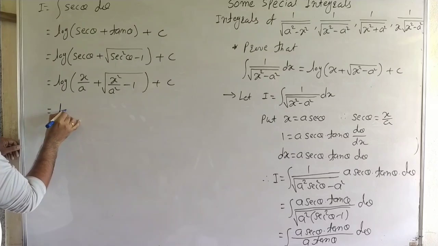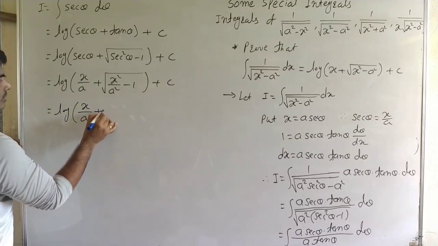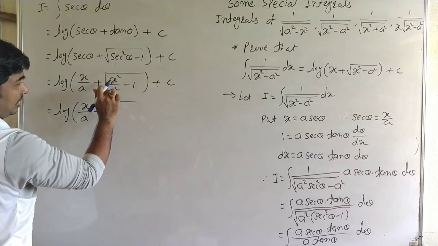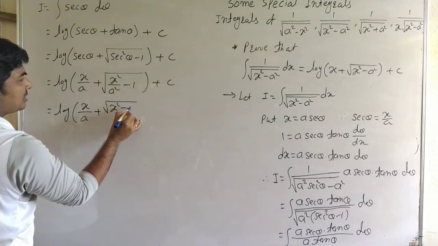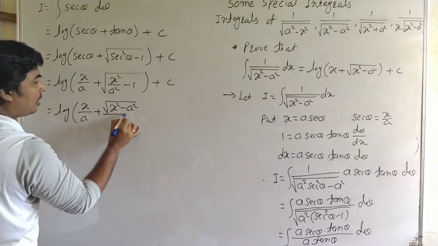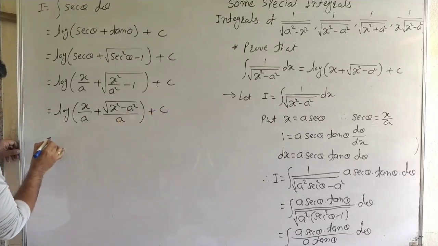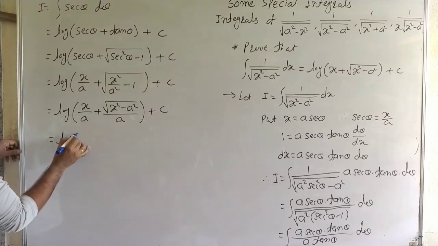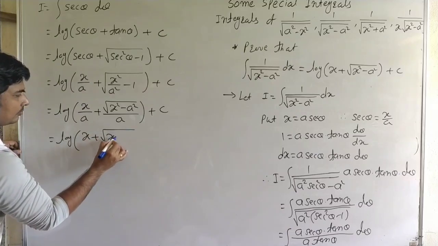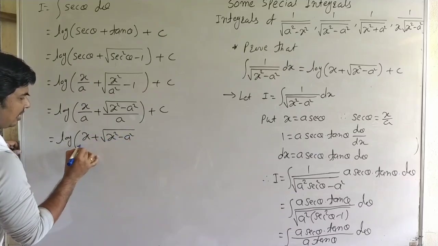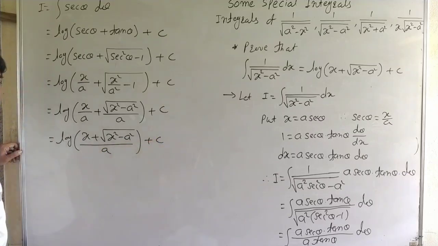Then, see carefully here, x square upon a square minus 1 is x square minus a square upon a square, so under root gives a. Then log of x plus under root of x square minus a square upon a, taking the addition, plus c.